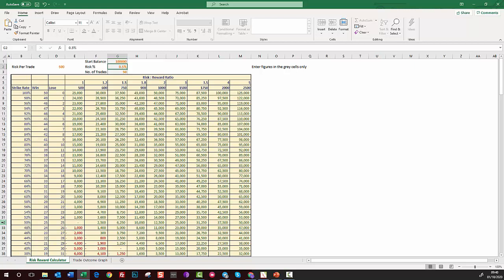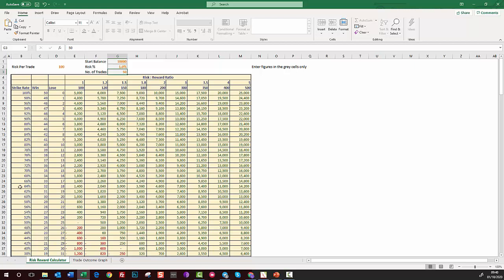The reason you use this spreadsheet is to set financial goals for yourself. Okay, so let's say, for example, as a trader, I have a $10,000 account. I'm risking 1% on every trade, and I need, as a trader, to make $2,500 per month, right?